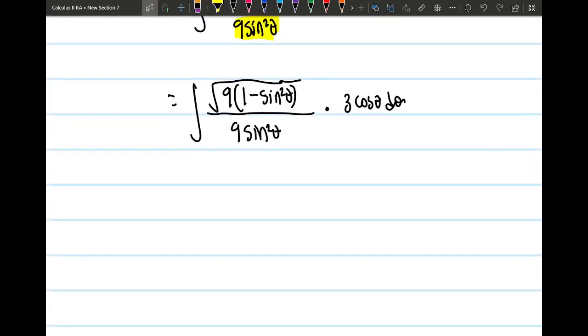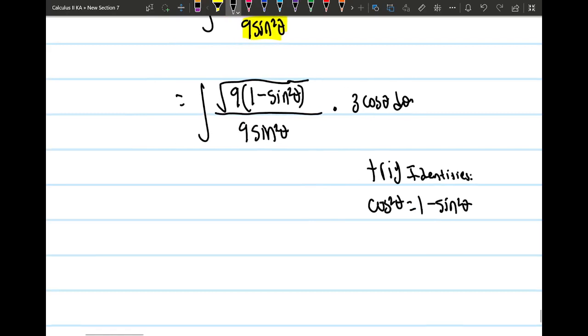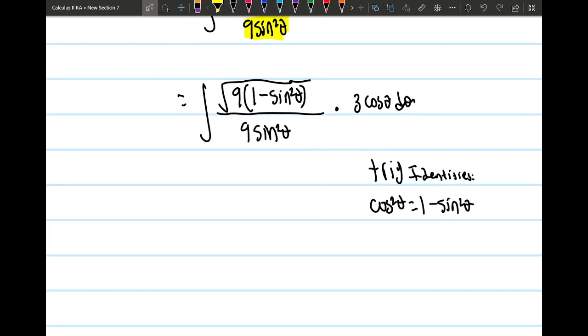So then what I do now is I know that one of my trig identities is that cosine squared of theta equals 1 minus sine squared of theta, and that's just a manipulation of the Pythagorean identity. So this is going to go in for this. So now we're going to have the following.